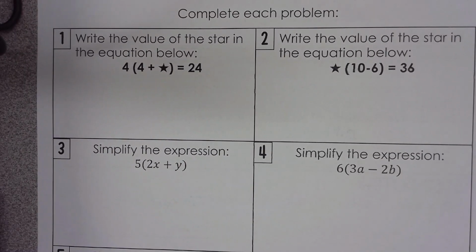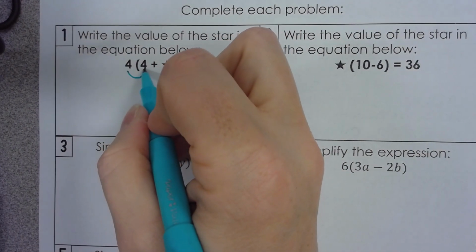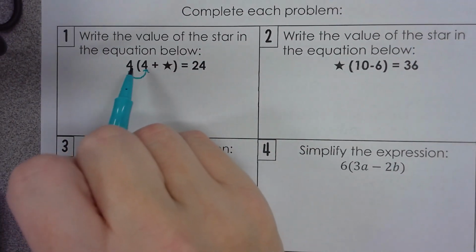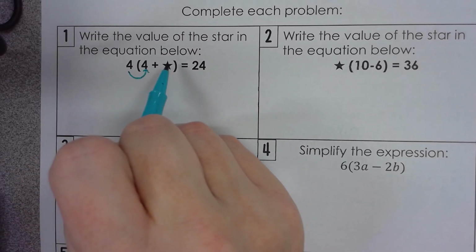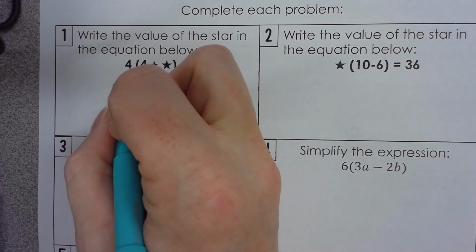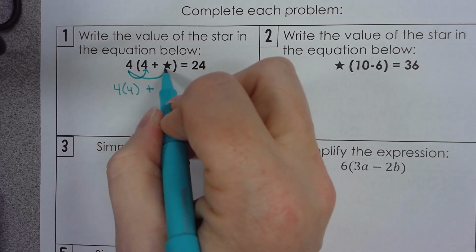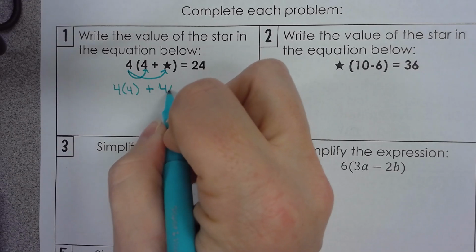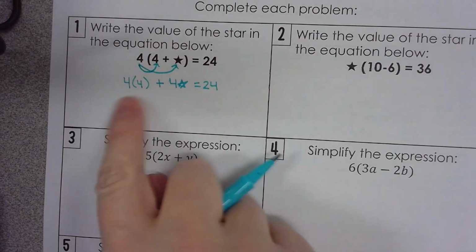Okay, so 1 and 2, I have stars instead of variables. So we're going to write the whole thing out. We're going to do 4 times 4. Whatever's on the outside of the parentheses has to be multiplied by everything on the inside of the parentheses. So 4 times 4 plus 4 times star equals 24. I can't combine those terms.